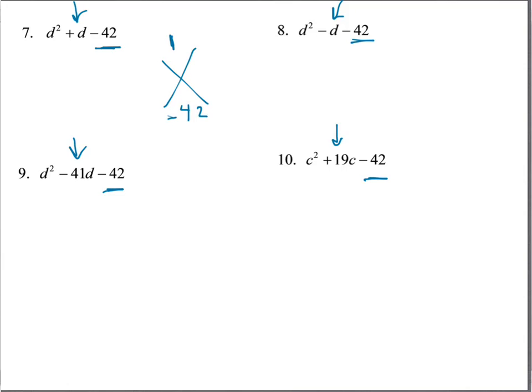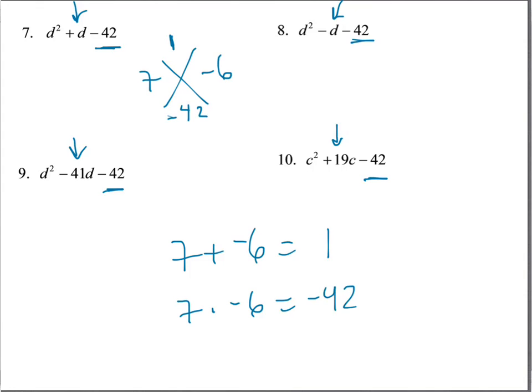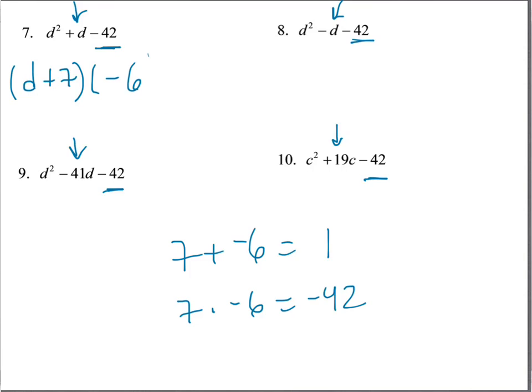So I would think that it would be positive 7 and negative 6. Let me check myself here. That's positive 1, and the product is negative 42. So that must be what it is. So we have d plus 7 and d minus 6 here.